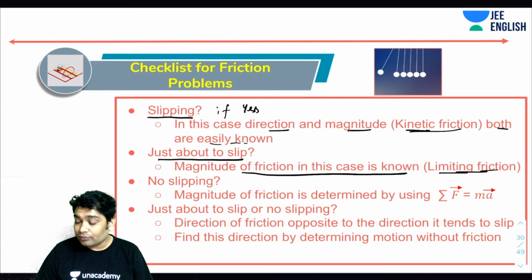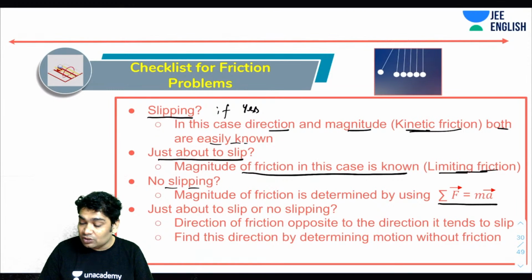And then there is the most complicated case where you've been told that there is no slipping. In case of no slipping, the magnitude of friction can be determined using F equals ma equations. Please note this is static friction, and static friction can lie anywhere from 0 to limiting friction.